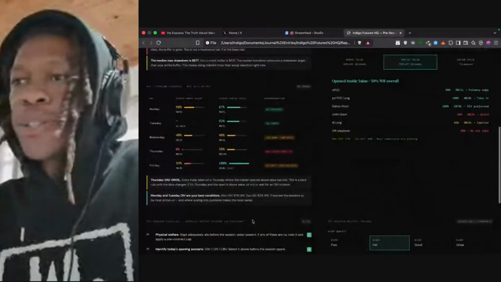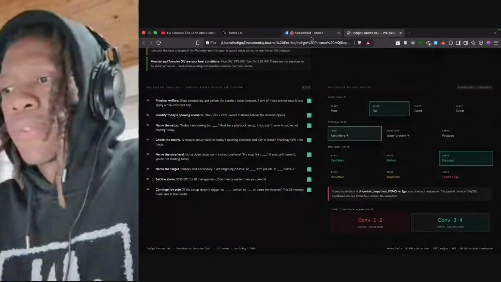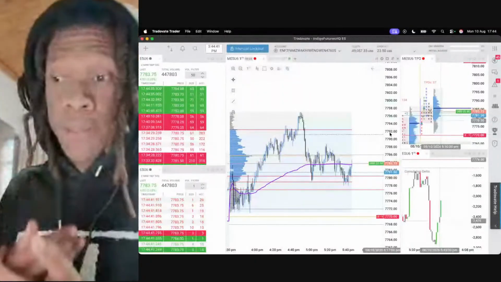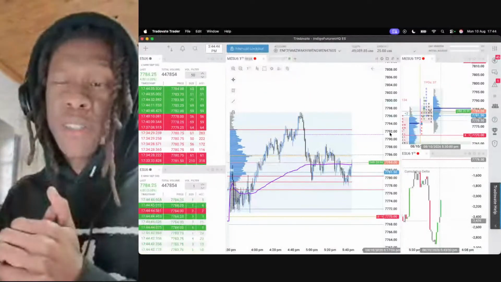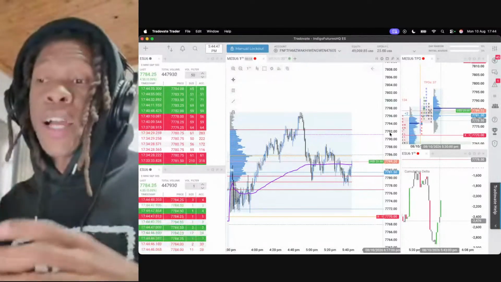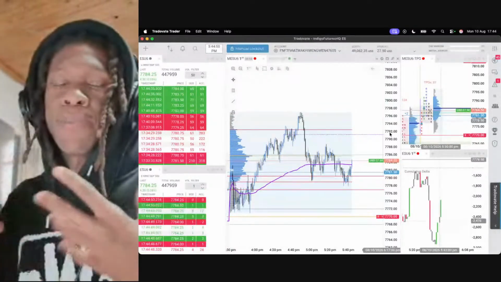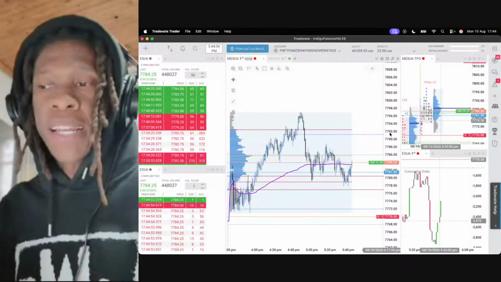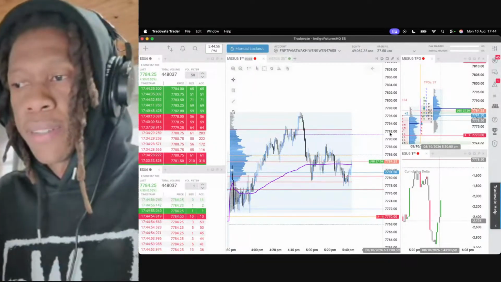I'm not even at 100 yet. Once we've done 100 of these trades, then we'll have more. Once we've done 200, the data is going to be a lot more comprehensive, a lot fuller.